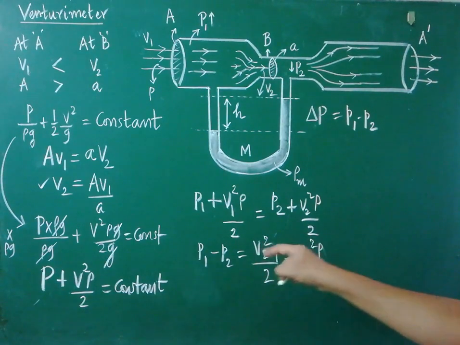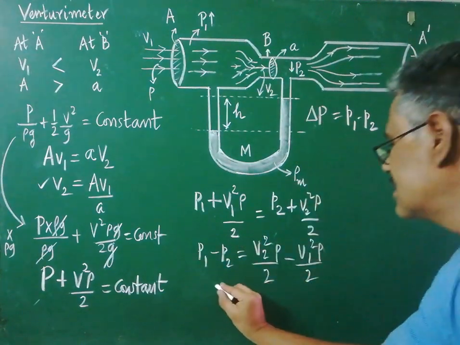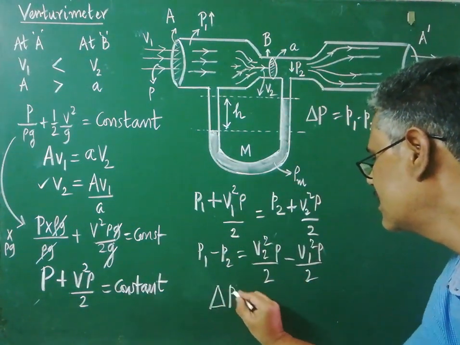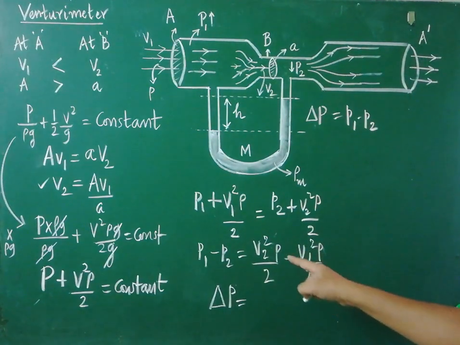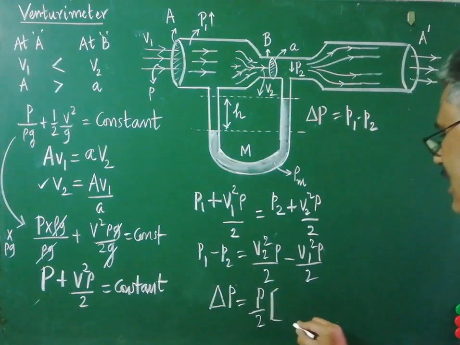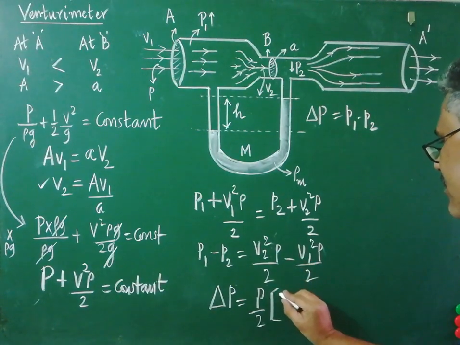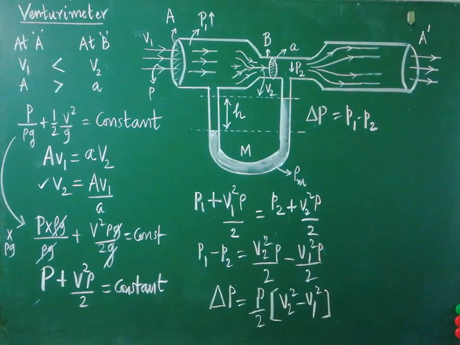So I have written this equation. This P1 minus P2 is nothing but the difference in pressure. Del P is equal to, what are the common factors here? Tell me. Rho by 2 is a common factor. In the bracket we can write V2 square minus V1 square. So like that we can write. Understood?